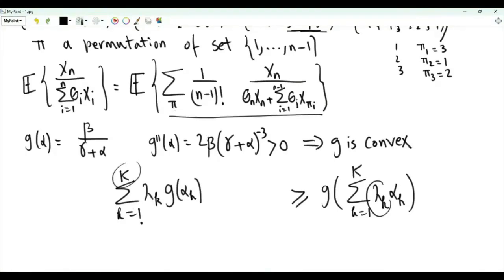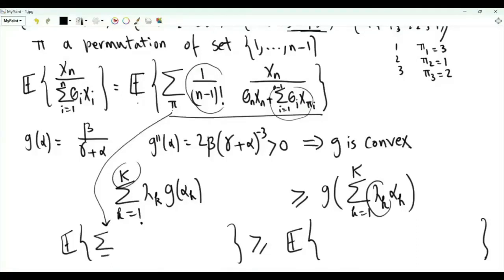Inside the expectation here, we have a convex combination. The coefficients are all equal to 1 over n minus 1 factorial. There are n minus 1 factorial of them. Their sum is 1. We have a convex combination. In our case here, the parameters of function g are beta equal to xn, gamma equal to θn xn, and what we have here is the argument of function g, alpha. We leave the expectation as is.